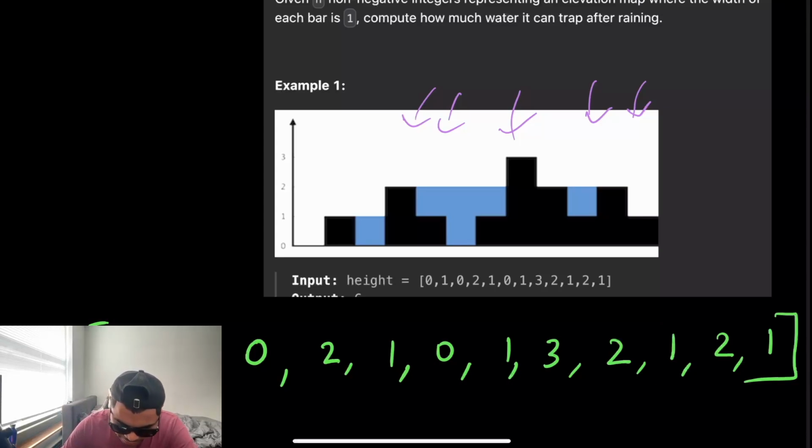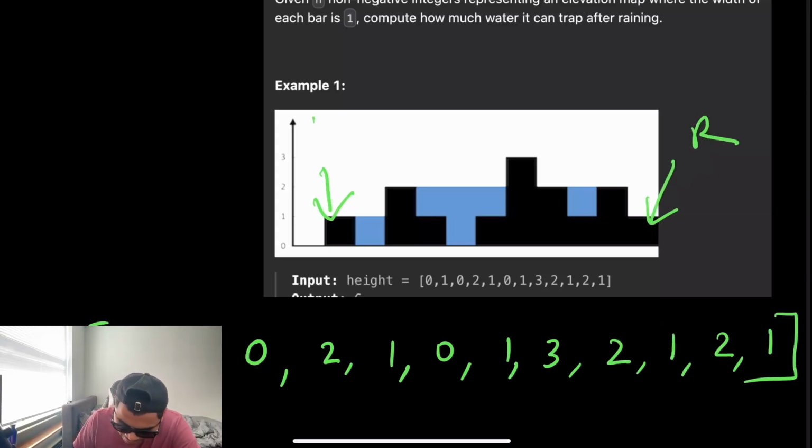So this is what's happening right here as well. When it rained, we see that these are the bars at the ends. This is the bar at the left end, this is the bar at the right end.